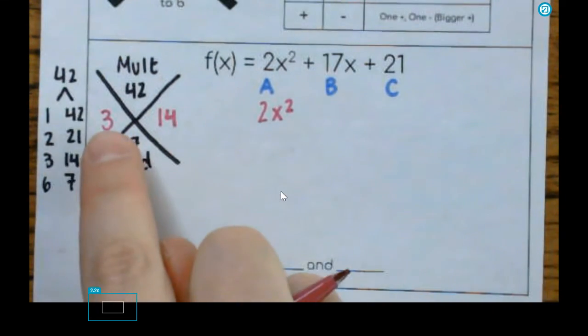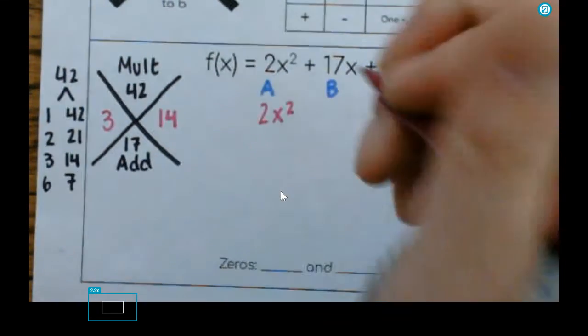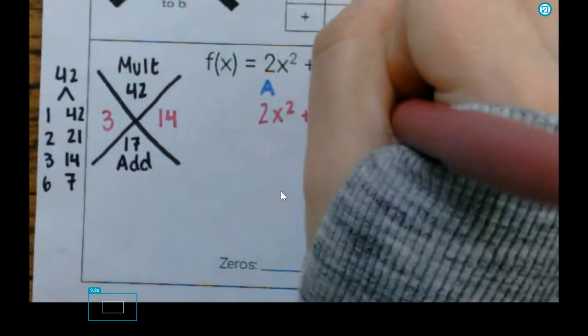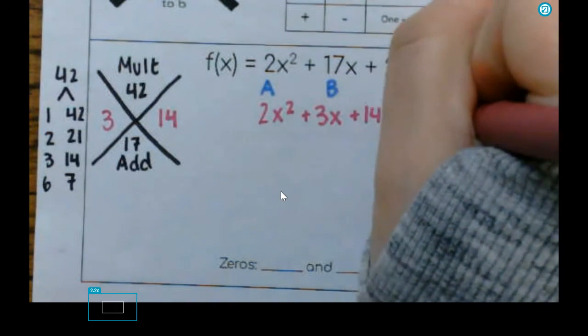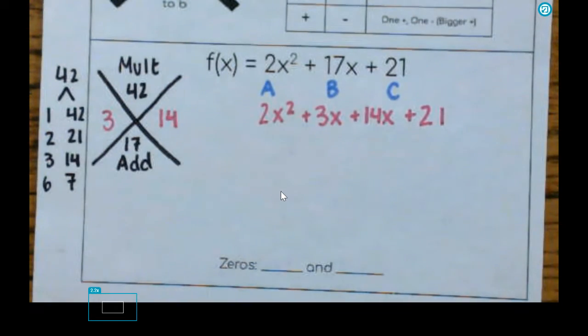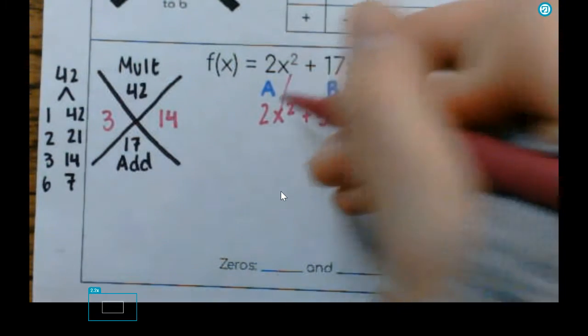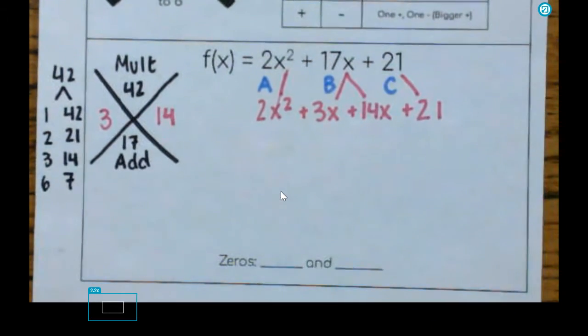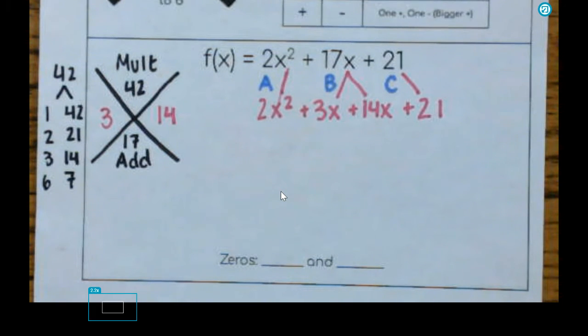And then I'm going to split it up into plus 3x plus 14x. And then the 21 stays the same as well. So I split up the 17 here. This stayed the same. This stayed the same. So my first and my third term stay the same, and my middle term splits up.